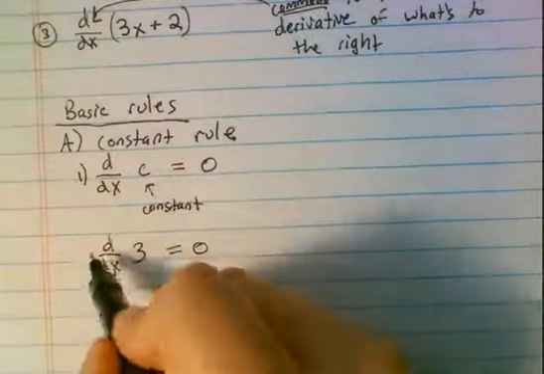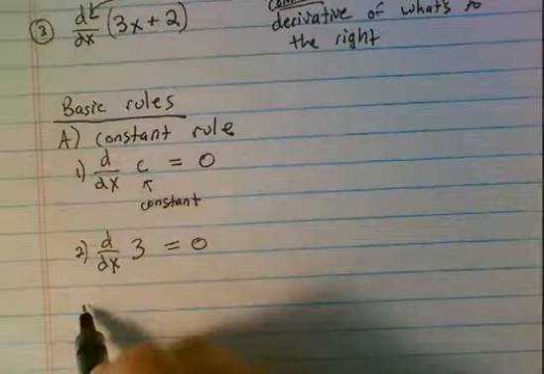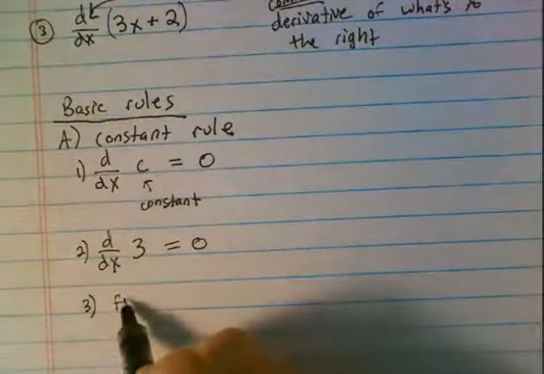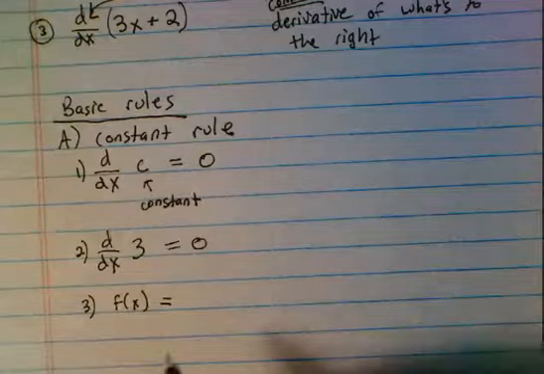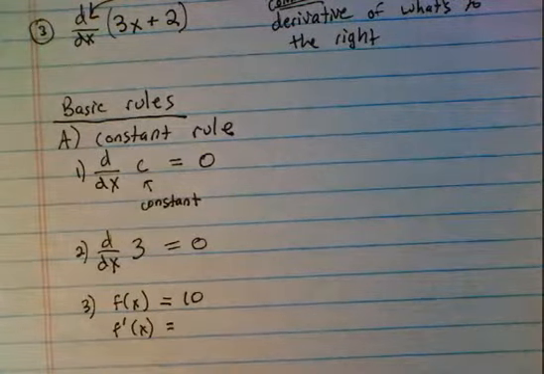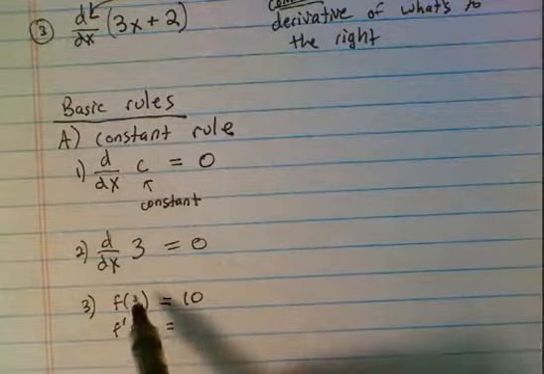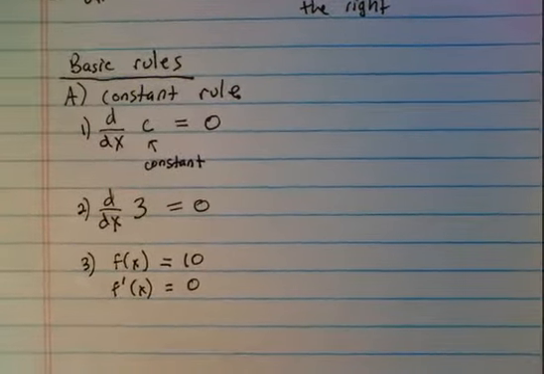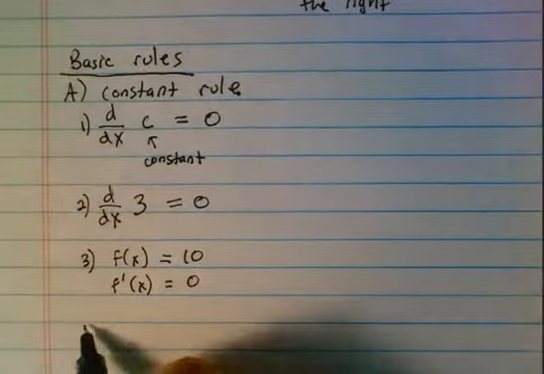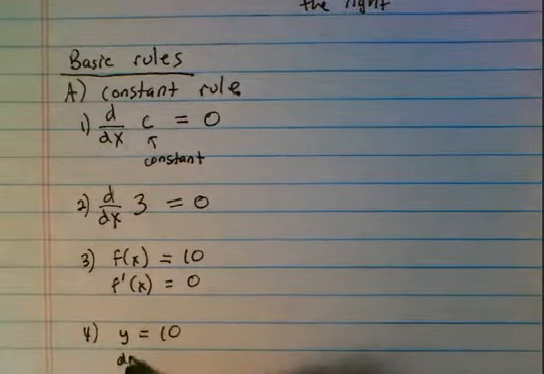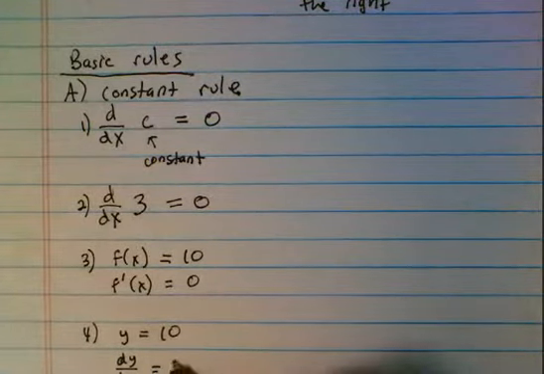Here, I'll number these. If I say f of x equals 10, find the derivative of f of x. The derivative of a number is 0. If I have y equals 10, and I want to find the derivative of that function, 0.